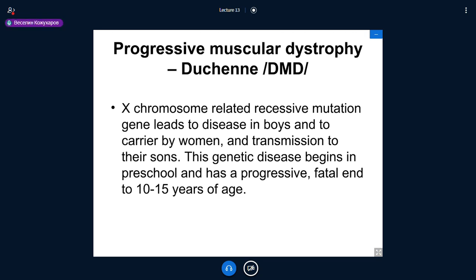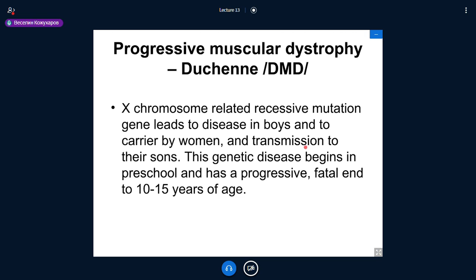That's why this mutation is a very bad case that could not be treated. In every case, this mutation affects only boys, and it's carried by the woman because it's located on the X chromosome, and it is a recessive inheritance.